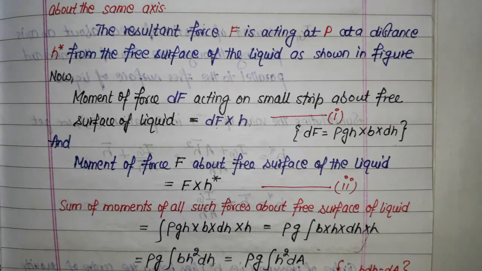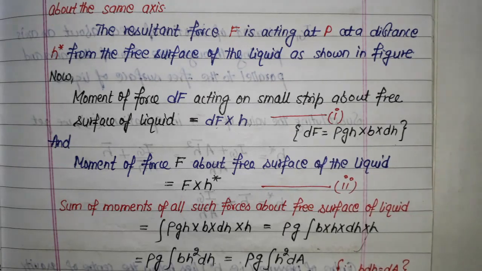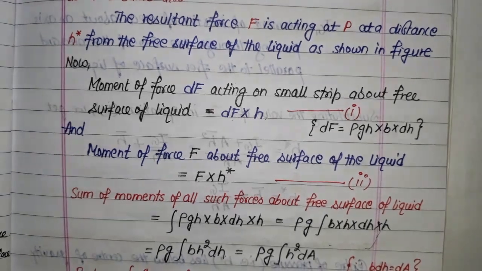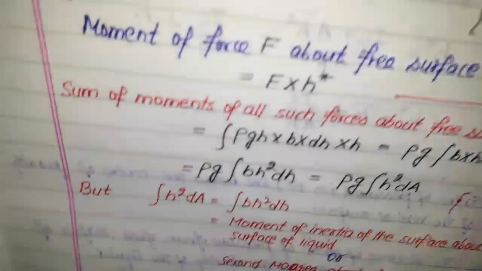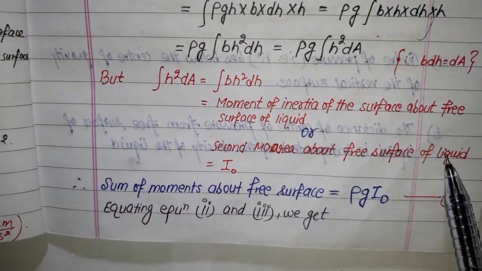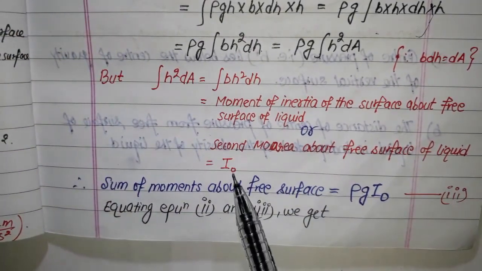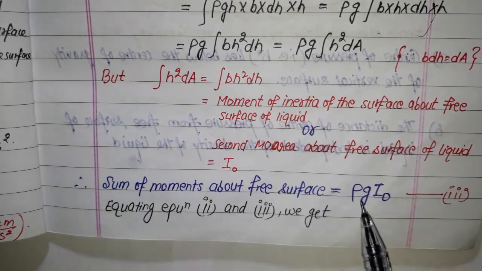This whole term, integration of h square dA, is the moment of inertia of the surface about the free surface of liquid, or the second moment of area about the free surface, that is equal to I naught. Now the sum of moments about the free surface is rho g I naught.